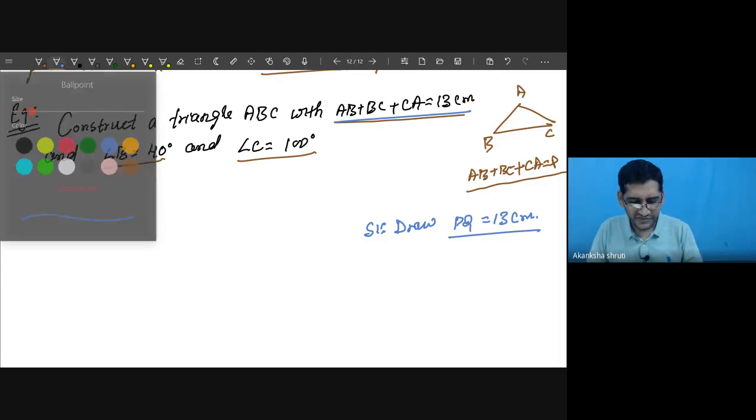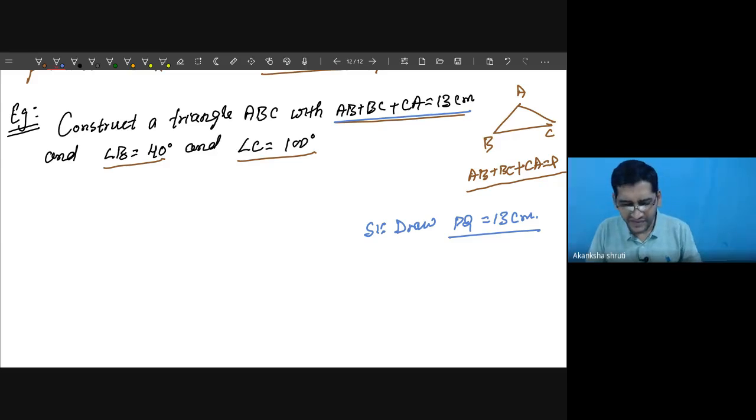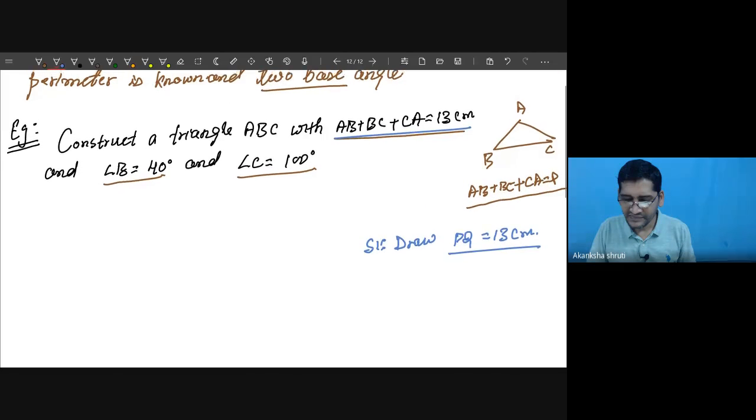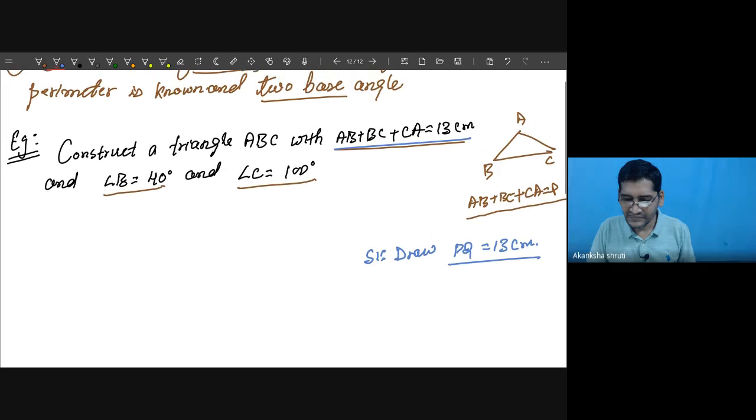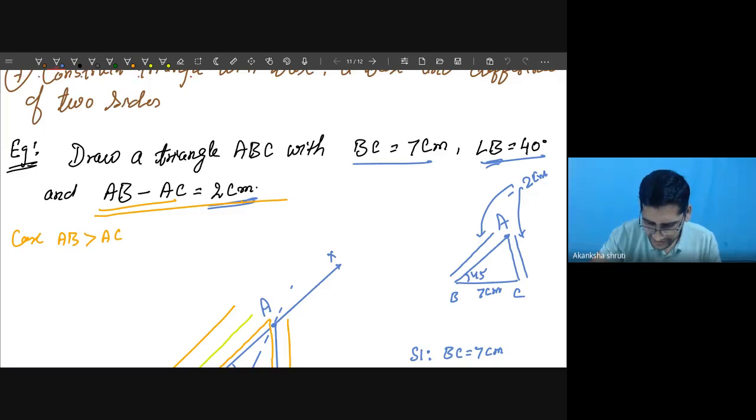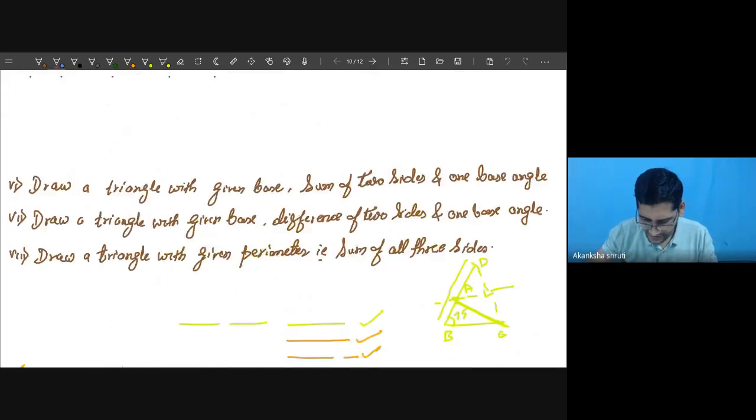Okay, student? So that 13 centimeter we have to take. Draw it. So first draw the length of 13 centimeter. Have all the students drawn or not? Let us verify what is given in our question so that it can be solved.